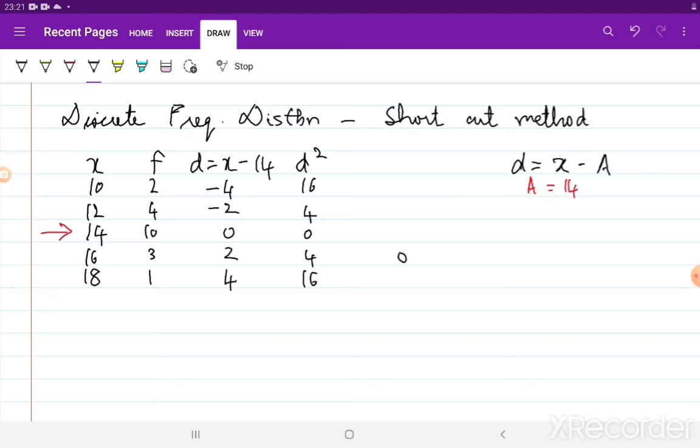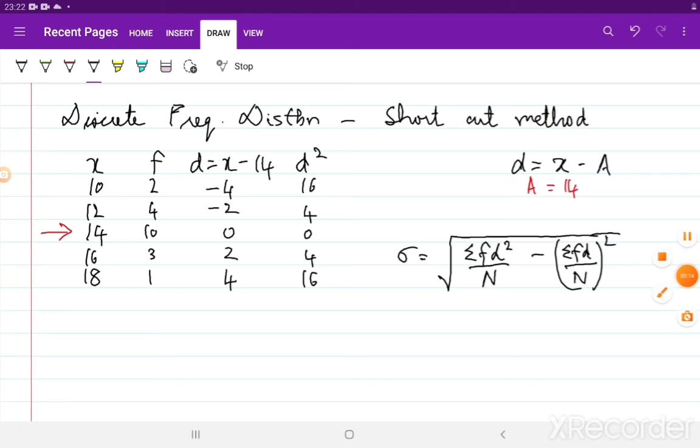Now remember the formula looks like this: summation f times d square divided by total n minus summation f times d divided by total n squared. Right? I need some more space.